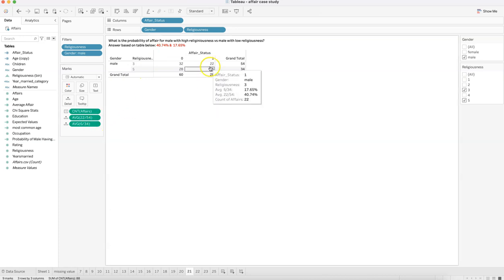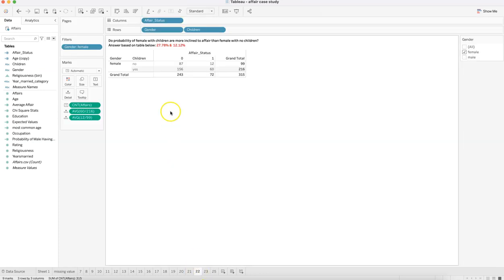And high religiousness is 6 divided by 34, which indicates 17.65% probability that they will have an affair. So this cross table will help you a lot in answering questions like this.